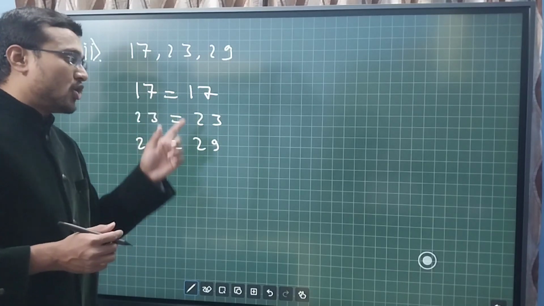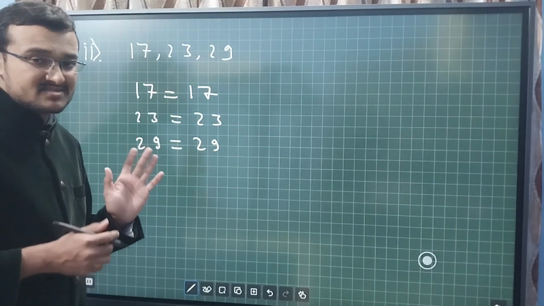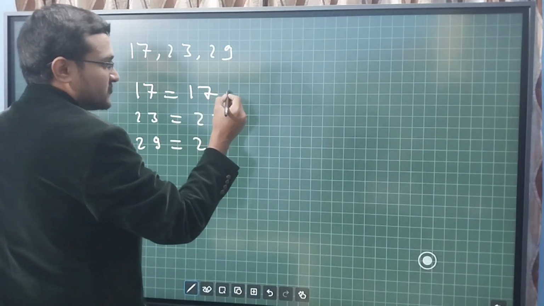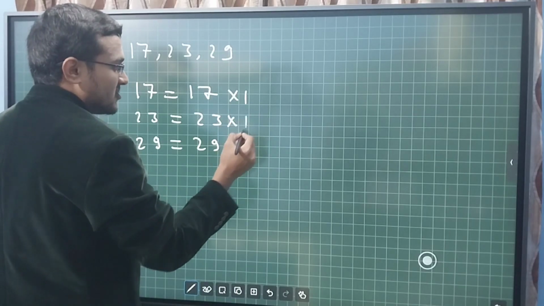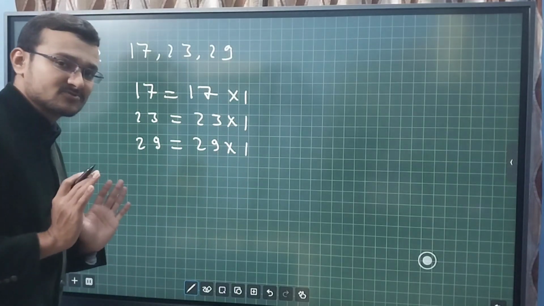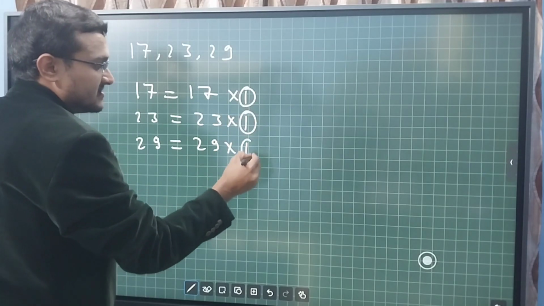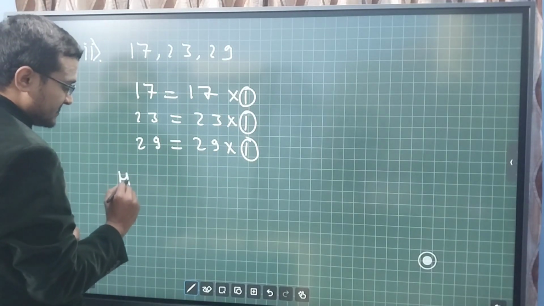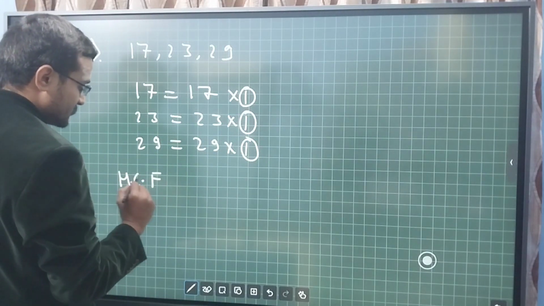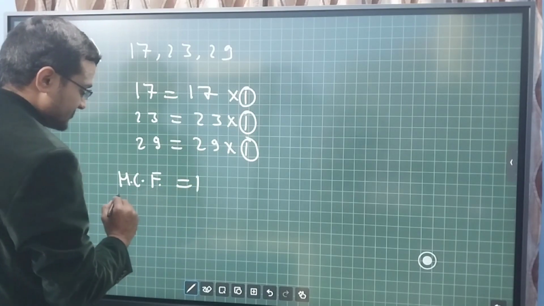So when you get all numbers as prime numbers, then how to find out HCF? See, one thing you should remember, all these numbers will have 1 as their common factor. So that's why you can take 1 as the HCF. So here HCF will be equal to 1. And what will be the LCM?